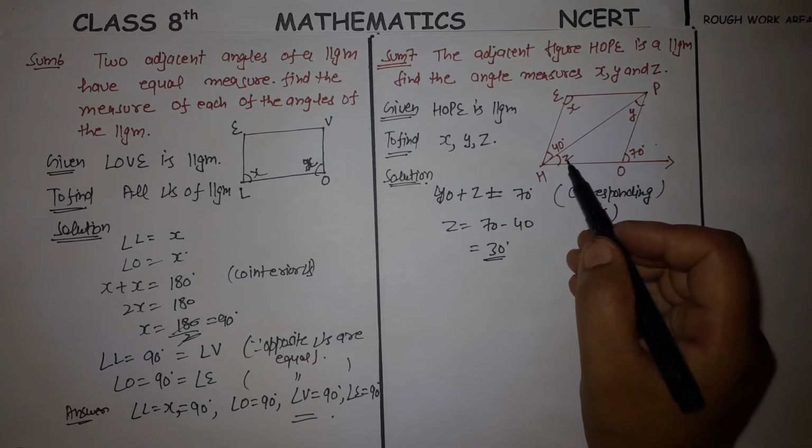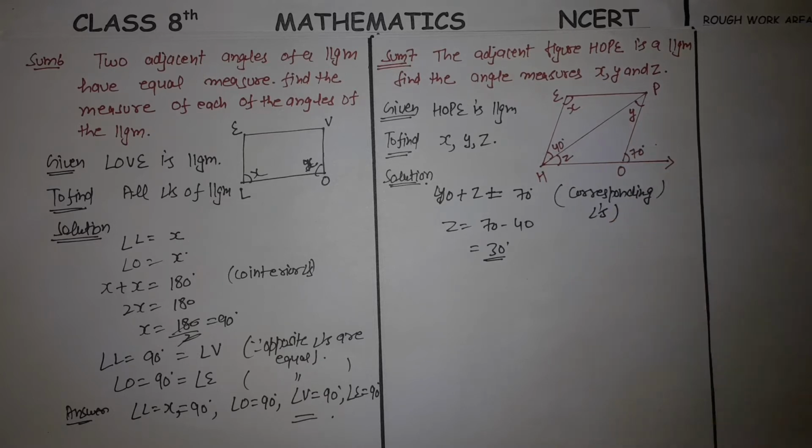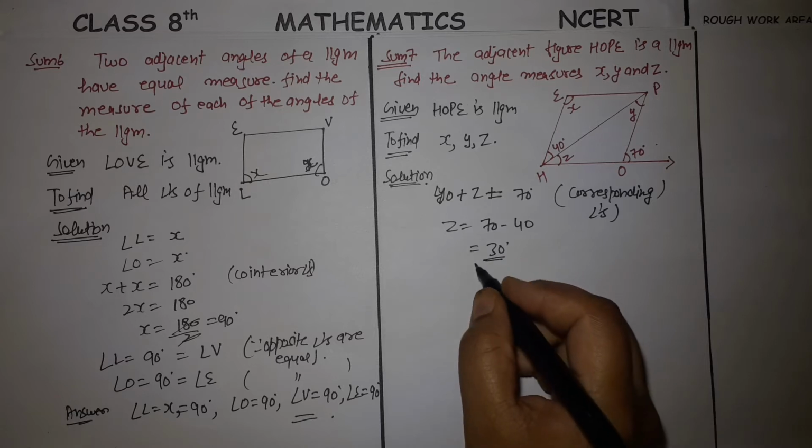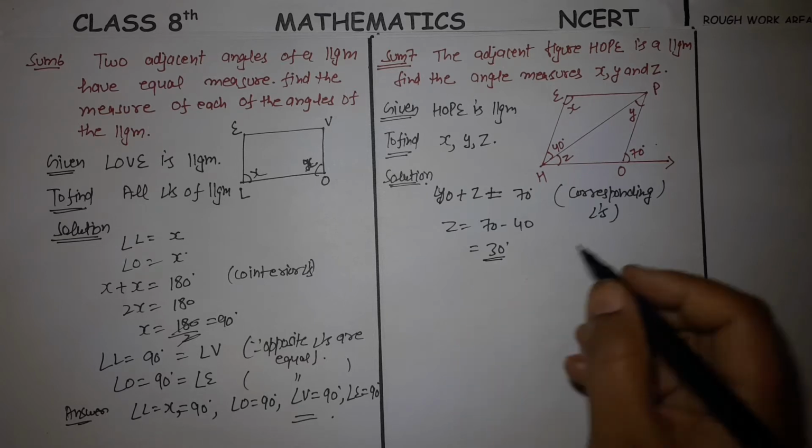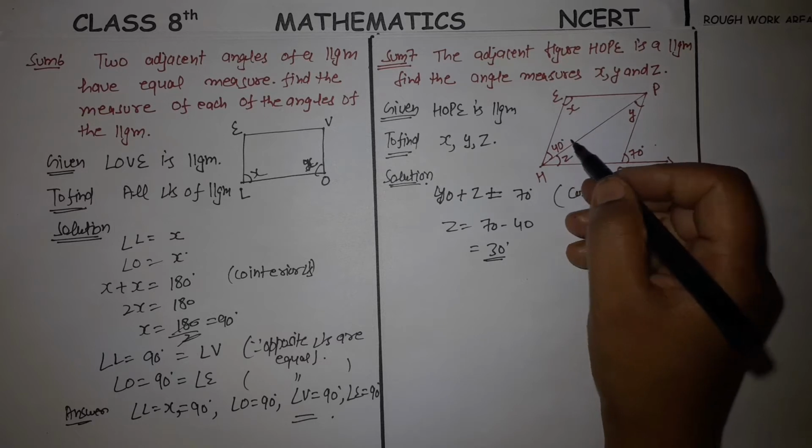Next, angle z plus y is equal to 70 degrees by the exterior angle property. Here we can use another method also, that is angle y is equal to 40, the direct method.